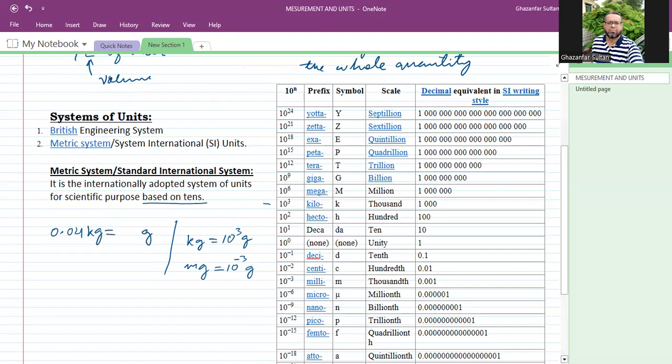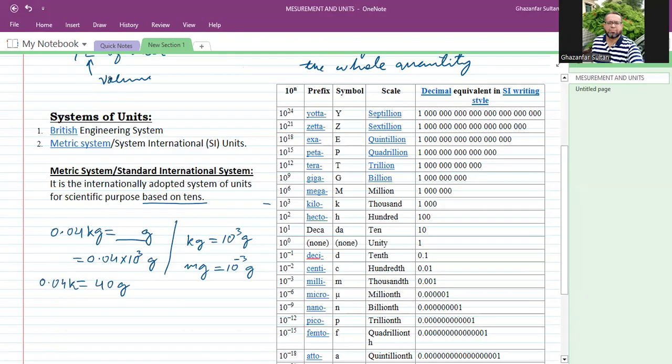You just replace k with the 10 raised to power 3. So it becomes 0.04 into 10 raised to power 3 gram. So when you multiply this, it would be 40 gram. So 0.04 kilogram would be equal to 40 gram.